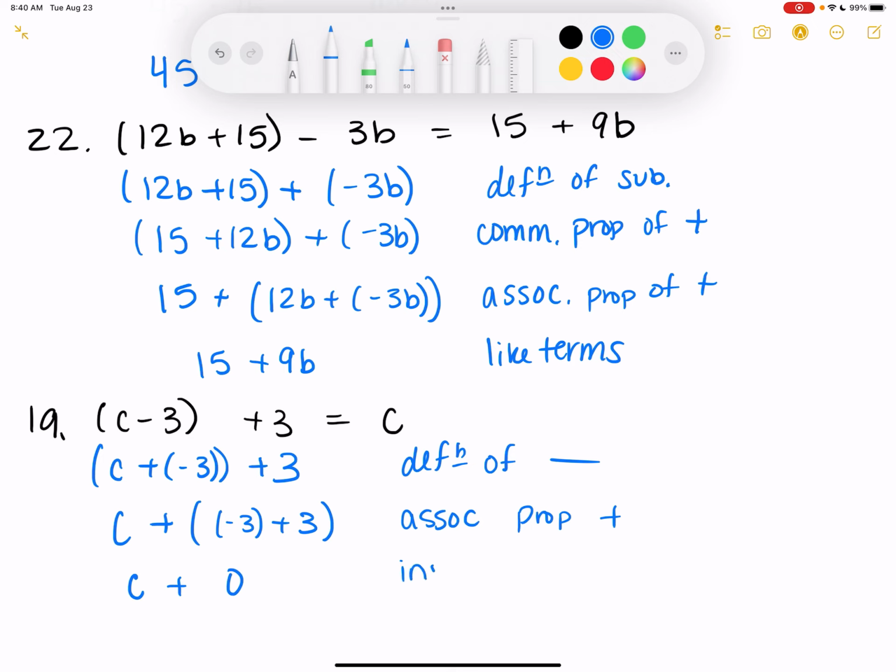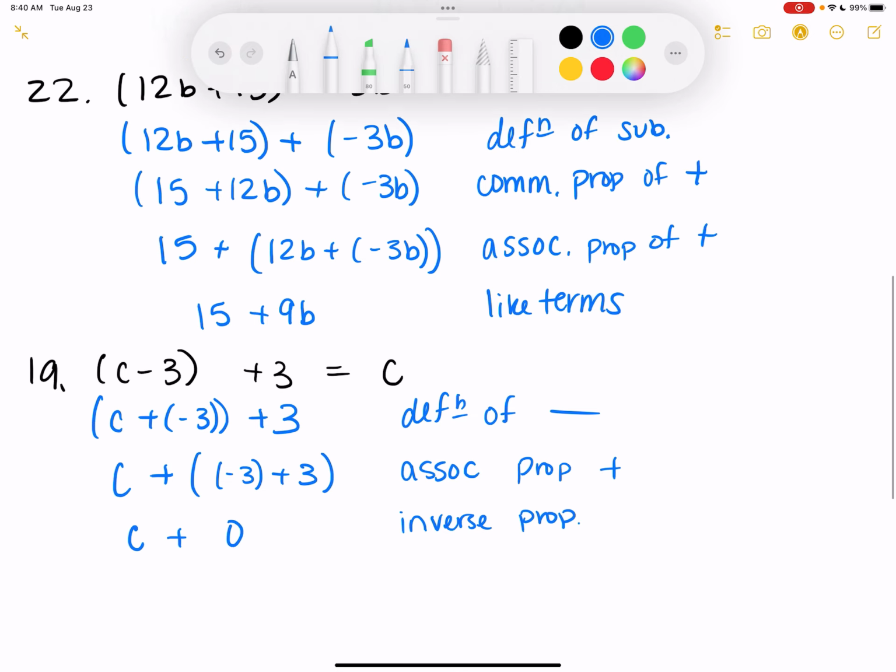Technically, this is the inverse property, but yes. And then lastly, what do I need to do? Just get rid of the 0 because it's nothing. And what's the reason for that? The 0 property. Identity property of addition.